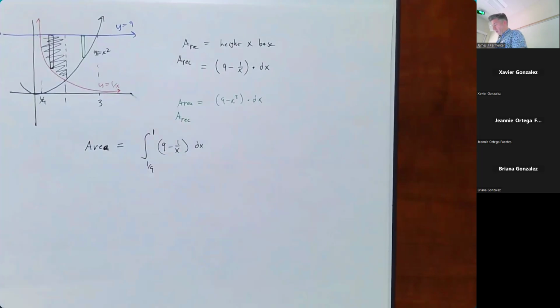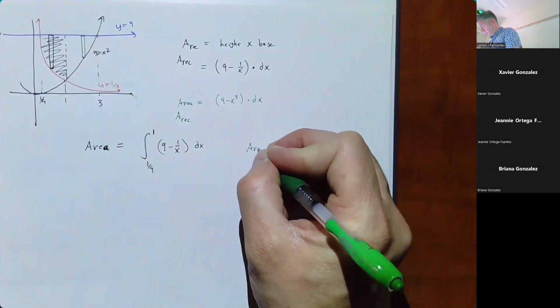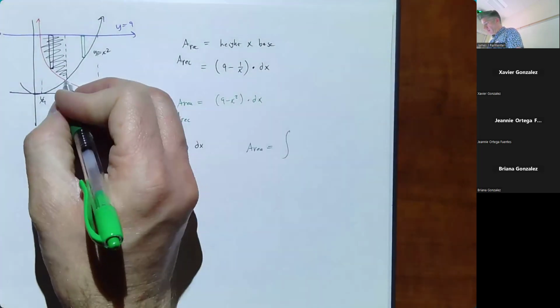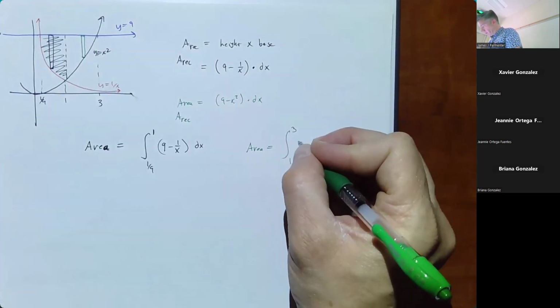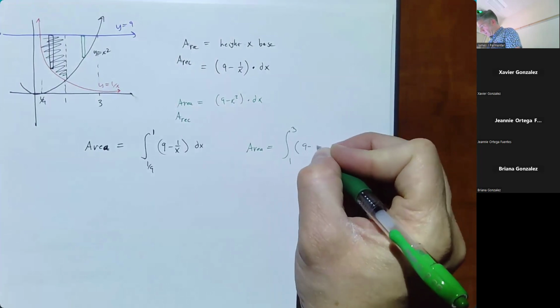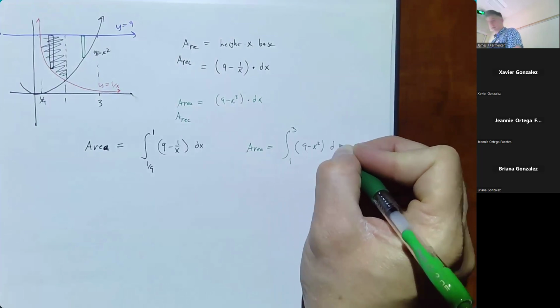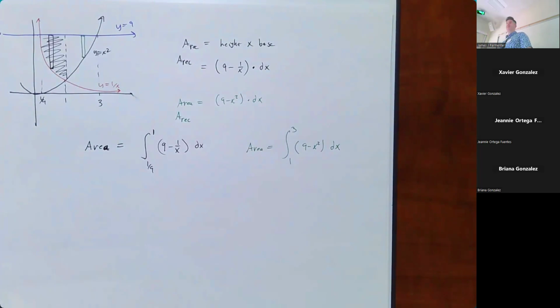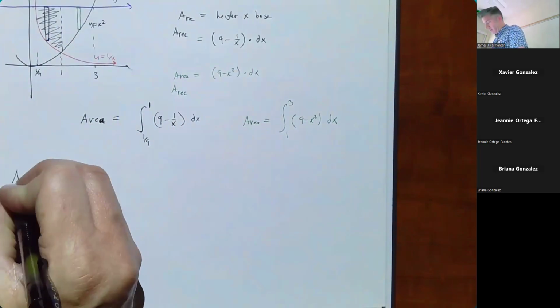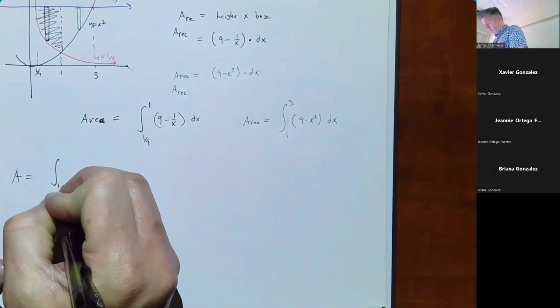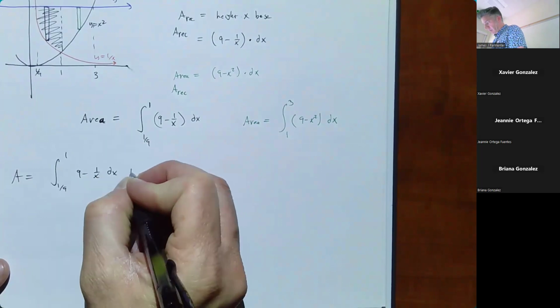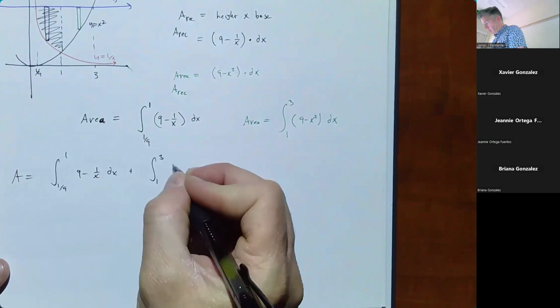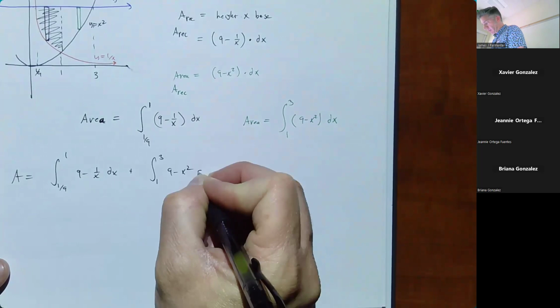And then for the green area, it's going to be the integral from 1 to 3 of our height, 9 minus x squared, times our base. And then to find the total area, we're just going to add those together. So the total area here is going to be the integral from 1/9 to 1 of 9 minus 1 over x dx, plus the integral from 1 to 3 of 9 minus x squared dx.